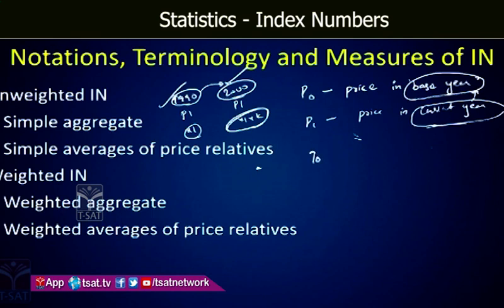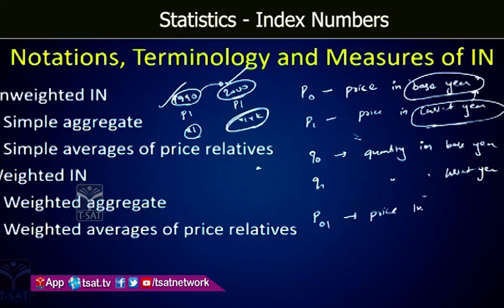In the same way, Q0 is the quantity in base year, and Q1 is the quantity in current year. P01 is the price index of current year with respect to base year.